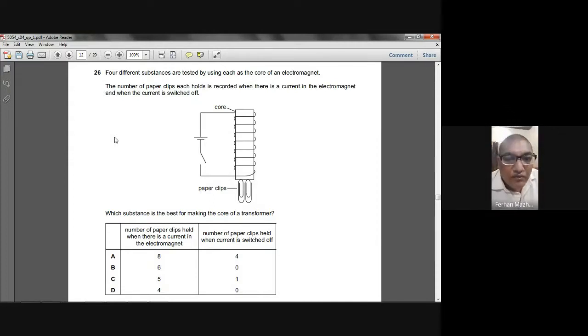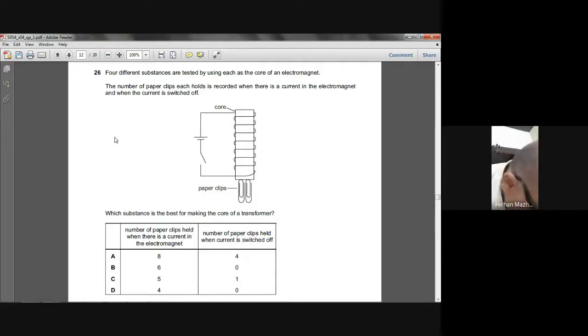When you use any material as the core of an electromagnet, you have to remember one thing: when you give it electricity, it should become a good magnet, but when you switch off the electricity, it should immediately demagnetize. So when the current is passing, it should pick up the paper clips, but when the current is switched off, all the paper clips should fall down. That is very important.